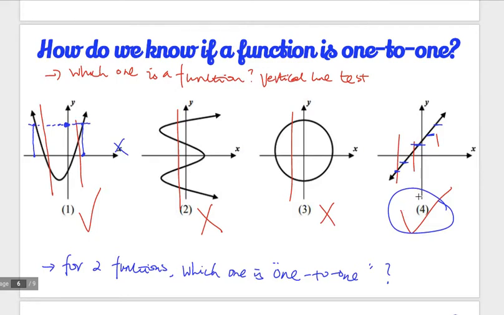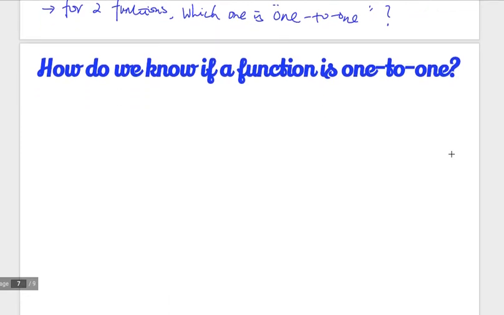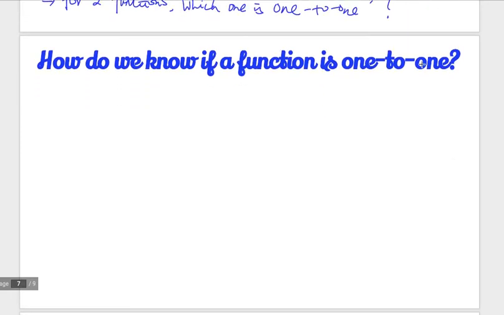Now, if you pay very close attention, it seems that for determining a function, we use a vertical line test, and to determine a one-to-one function, what do we use? Yes, some students noticed. We draw a horizontal line. So let's summarize quickly. How do we know if a function, especially when we look at the graph, is one-to-one?